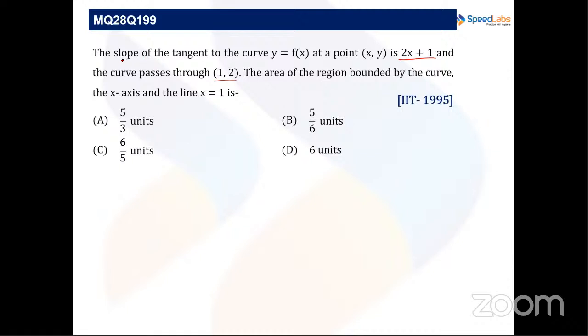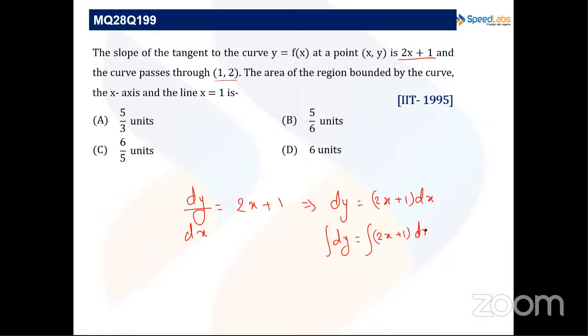First of all, we can see the slope of the tangent to the curve is dy by dx equals 2x plus 1. This implies that dy equals (2x plus 1) dx. On integrating both sides, we get the integral of dy equals the integral of (2x plus 1) dx.